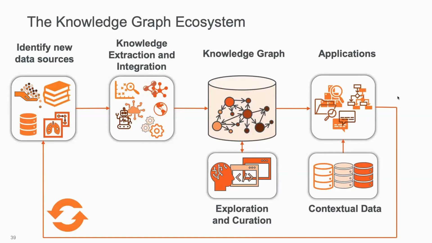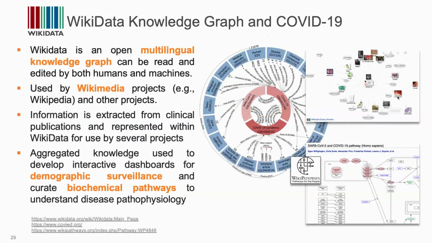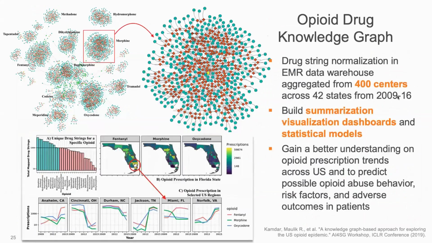The example I presented before was the opioid drug knowledge graph, developed using publicly available terminologies like UMLS and RxNorm. The data stored in the EMR data warehouse was completely separate from the knowledge graph. We used the knowledge graph in conjunction with the warehouse to develop the summarization and the visualization dashboard that you see here.